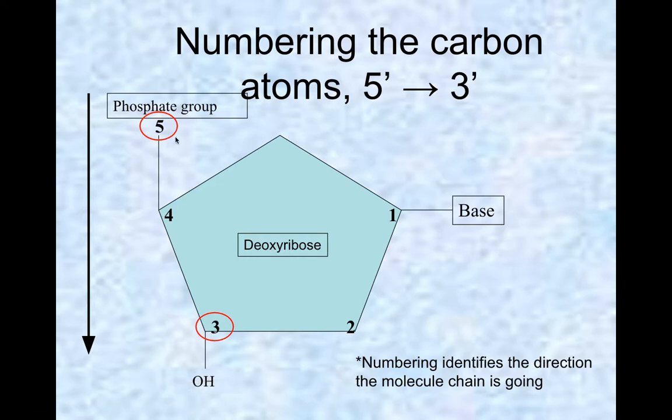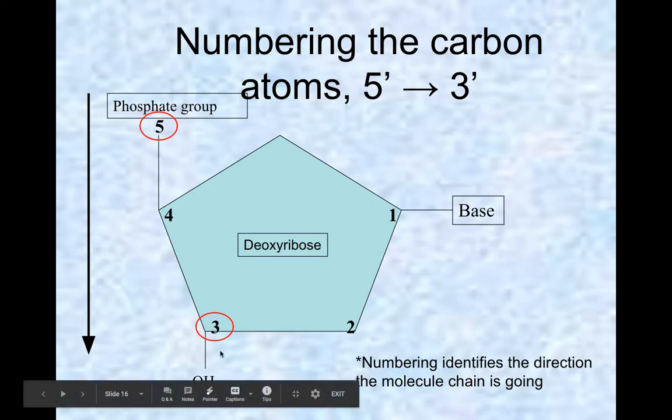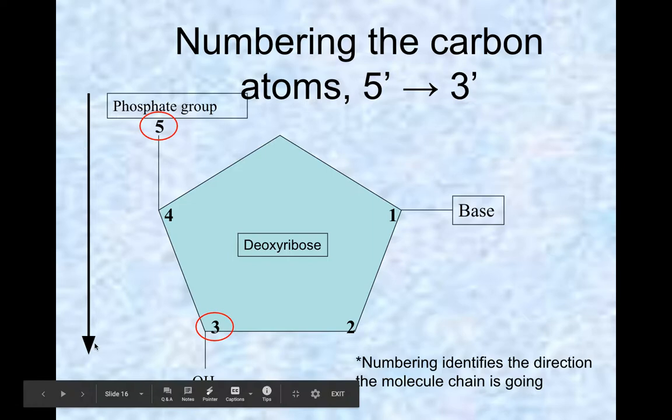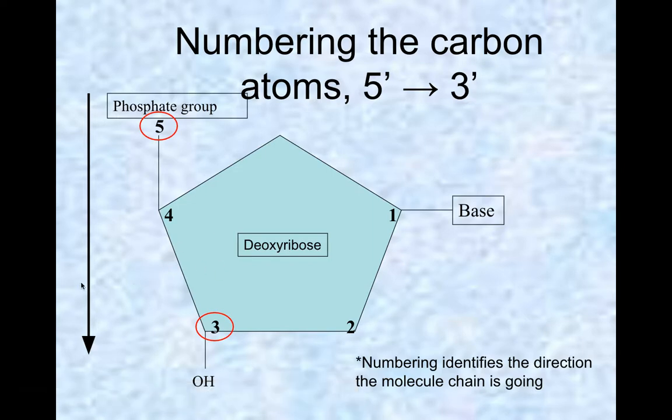We could say this is the 5' end, and this down here is the 3' end. Okay, so that's how we determine the 5' and 3' end. So we're on one side of the molecule, and we've got our oxygen up here, right? And so we would say, if we're running from 5 to 3, then that moves in this direction down the page based on how we have our image.